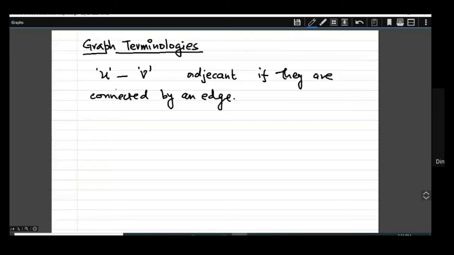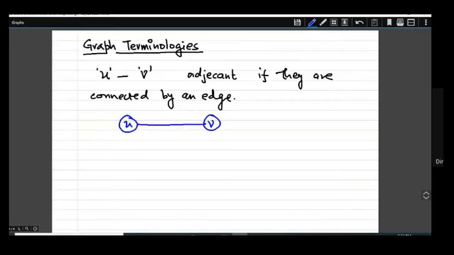Let's say G. Or in other words, you can say that U and V are endpoints of some edge. So then they are said to be adjacent. Very easy.